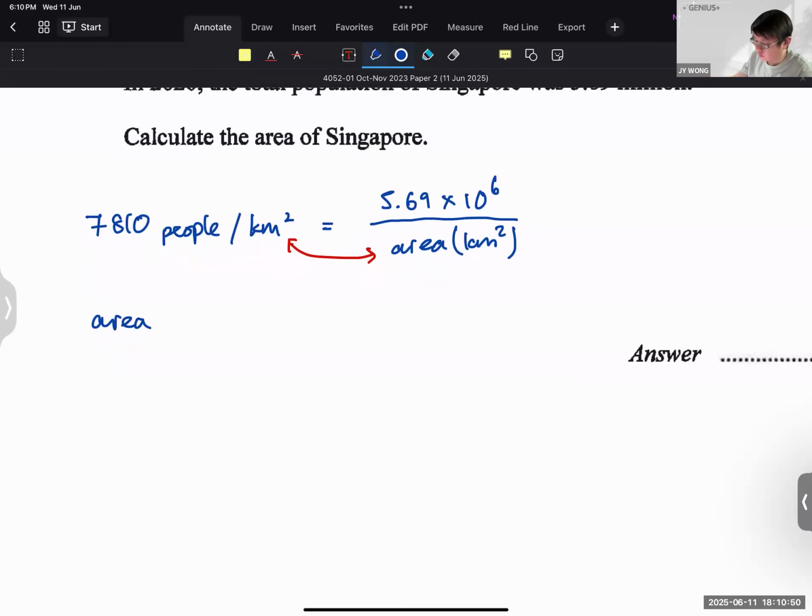Okay, you let the area be x, then you will have 7810x equals 5.69 times 10 to the power of 6. Then you should know how to find x.